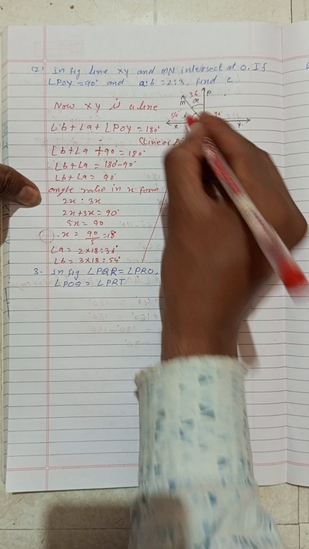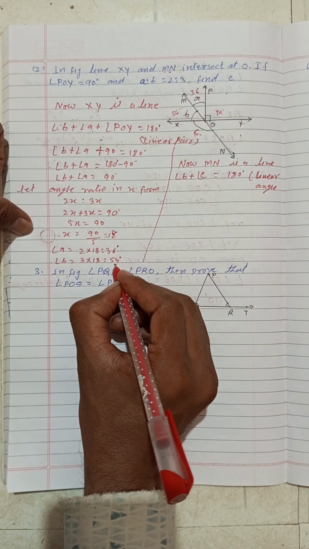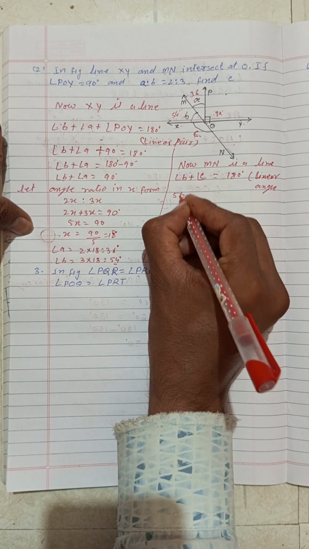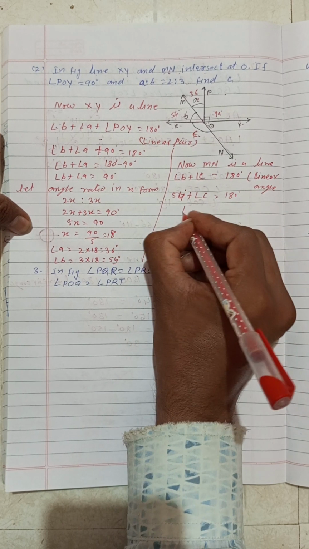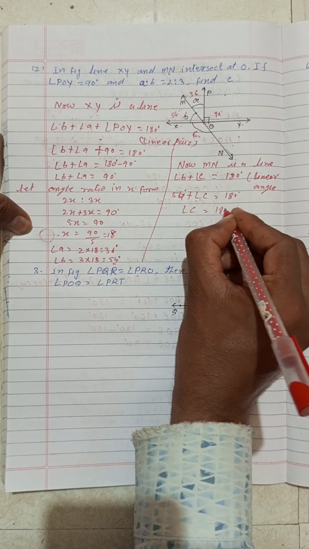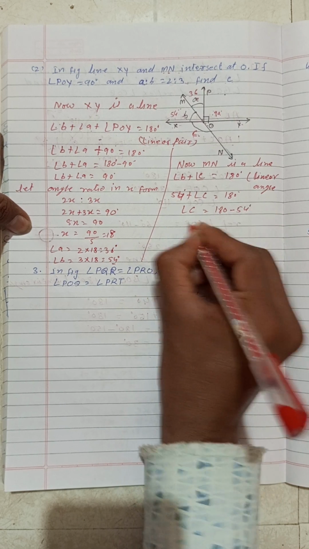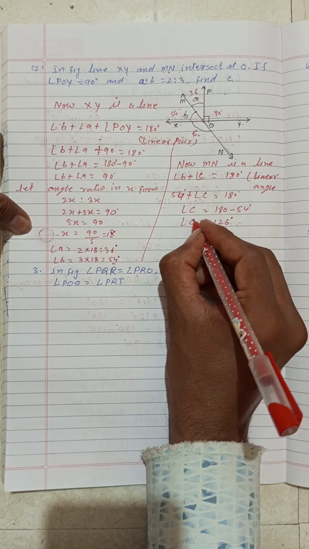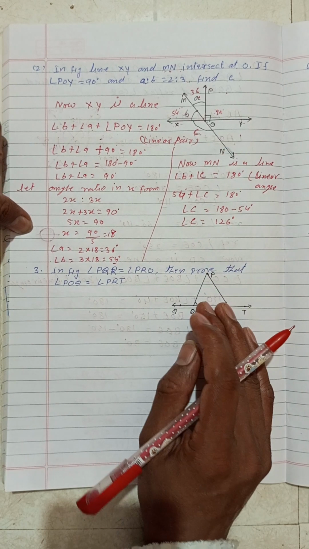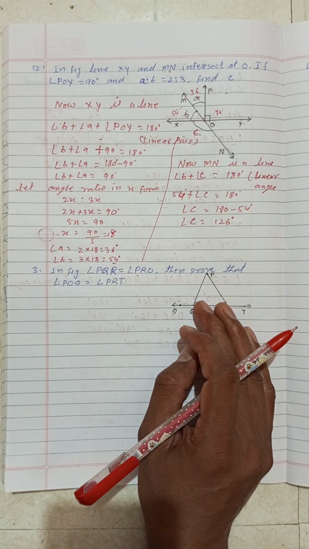Angle B we already got as 54 degrees. So 54 degrees plus angle C equals 180 degrees. Then angle C is 180 minus 54, which is 126 degrees. Let's proceed to the next question.